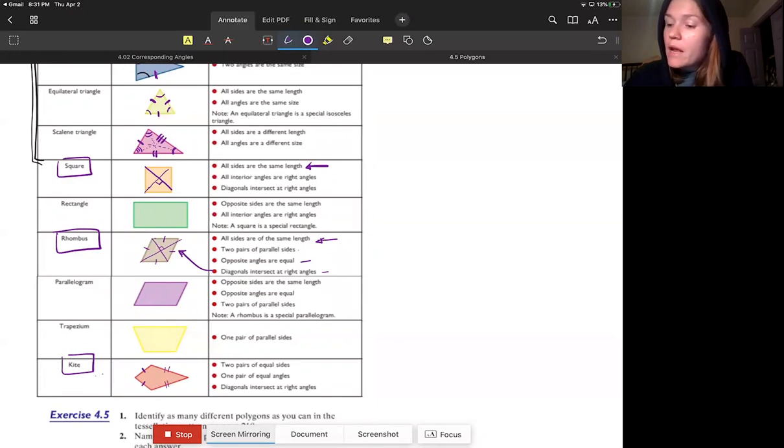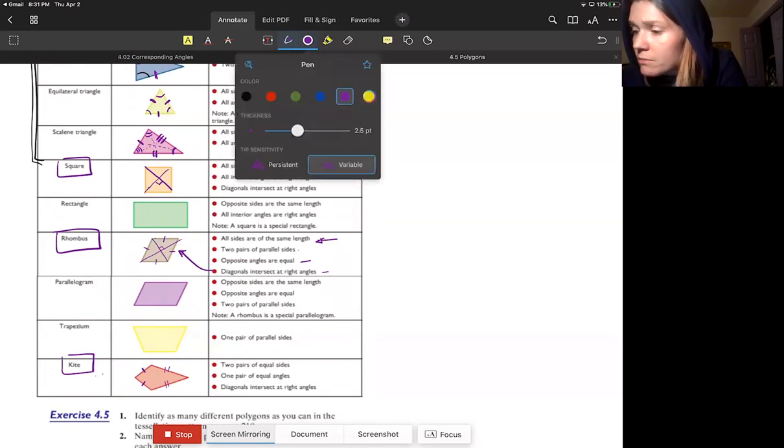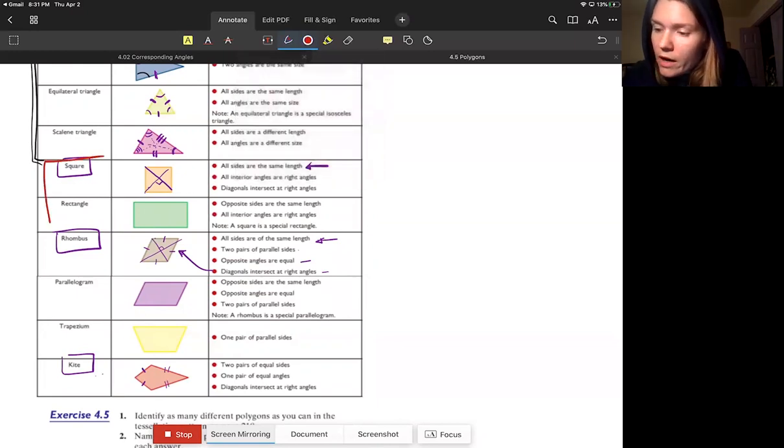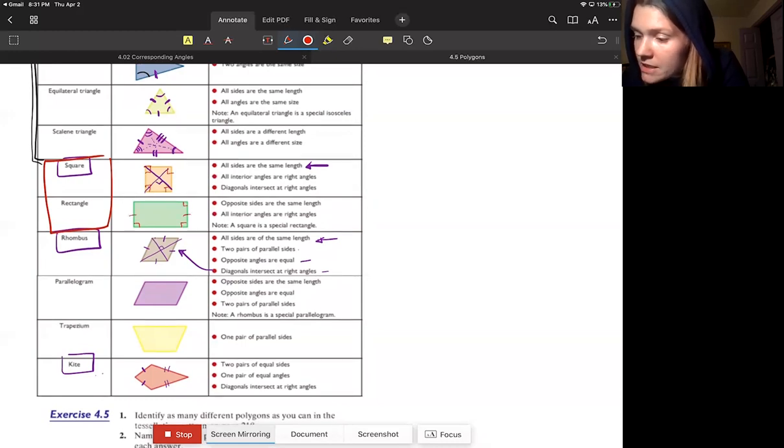Okay, now from here, let's do some natural pairings. So square and rectangle are naturally just really similar to one another. All interior angles are right angles, just like our square, and opposite sides are the same length, okay? And a square is a type of rectangle.